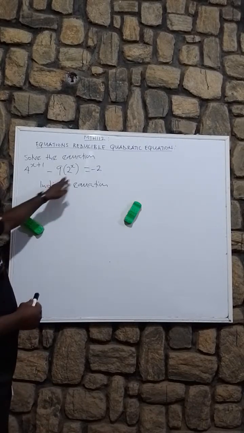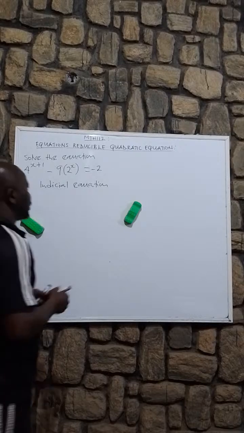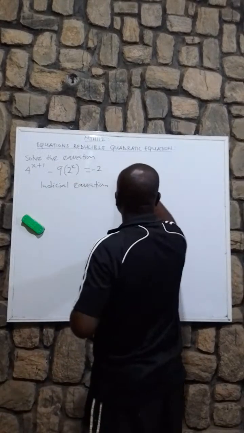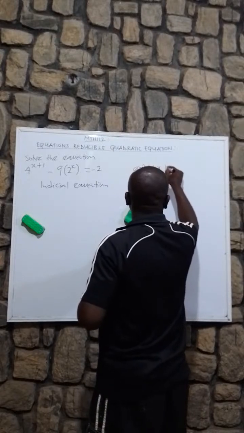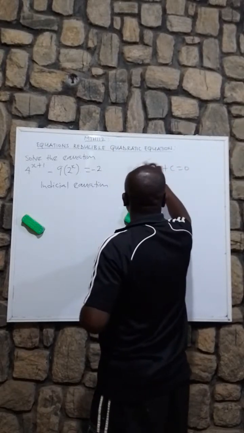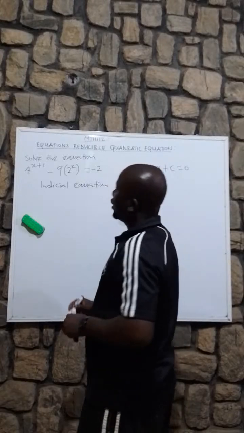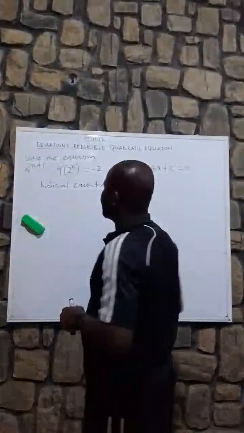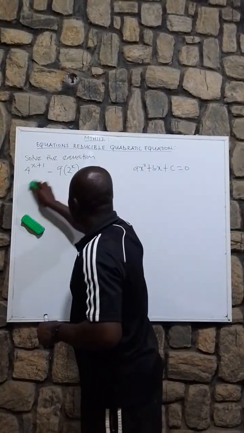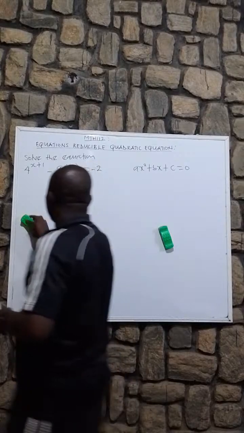You must first reduce it to a quadratic equation, that is, you must reduce this equation to this form: ax squared plus bx plus c equals to 0 before you'll be able to solve this problem. So how can we reduce this? So let's proceed.